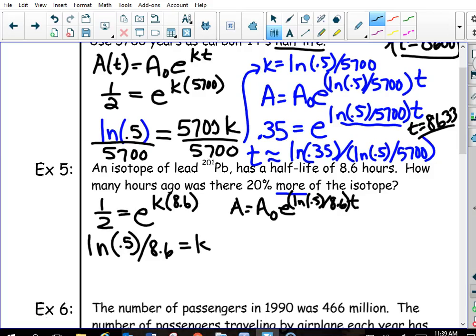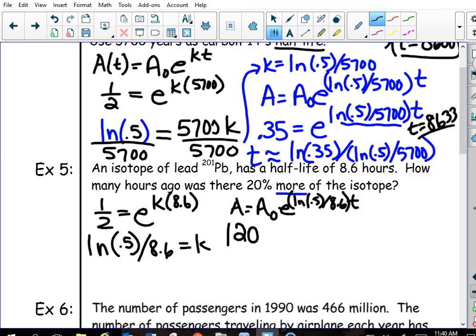All right, so an isotope of lead has a half-life of 8.6. How many hours ago was there 20% more of the isotope? Instead of having less than 100% on the left-hand side, we're going to have more than 100%.